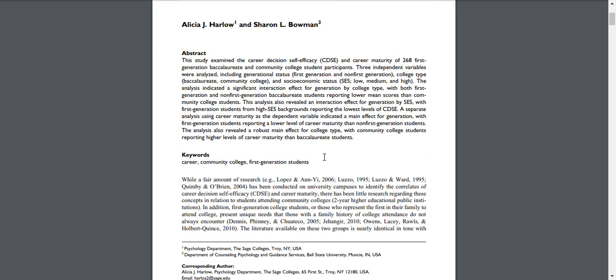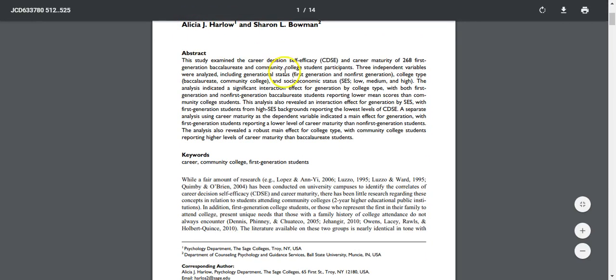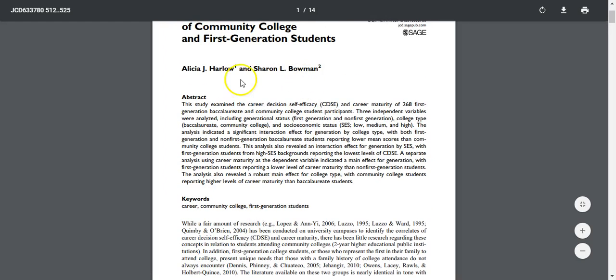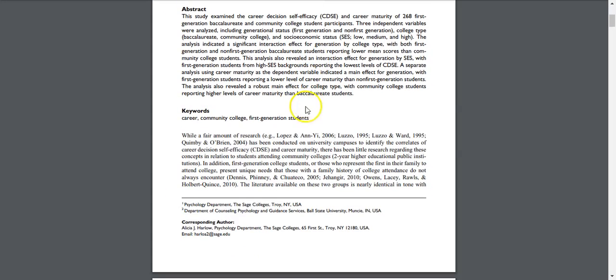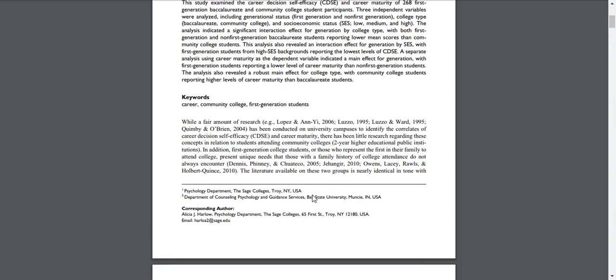Here I know that these two authors are experts in the field because, see how it's superscript 1 and 2, right down here it tells you where they work. So they work at psychology or counseling departments at Ball State University in Indiana and at Sage Colleges in Troy, New York. So they are experts within the field.